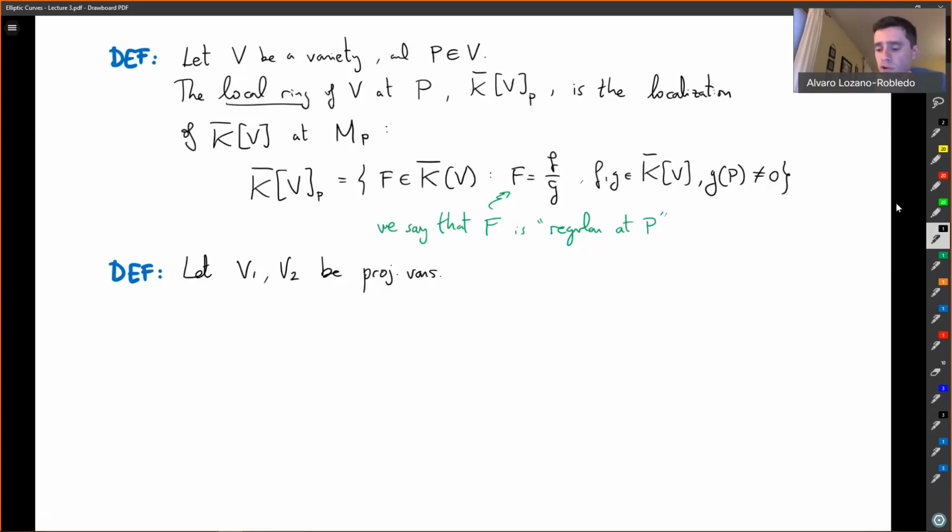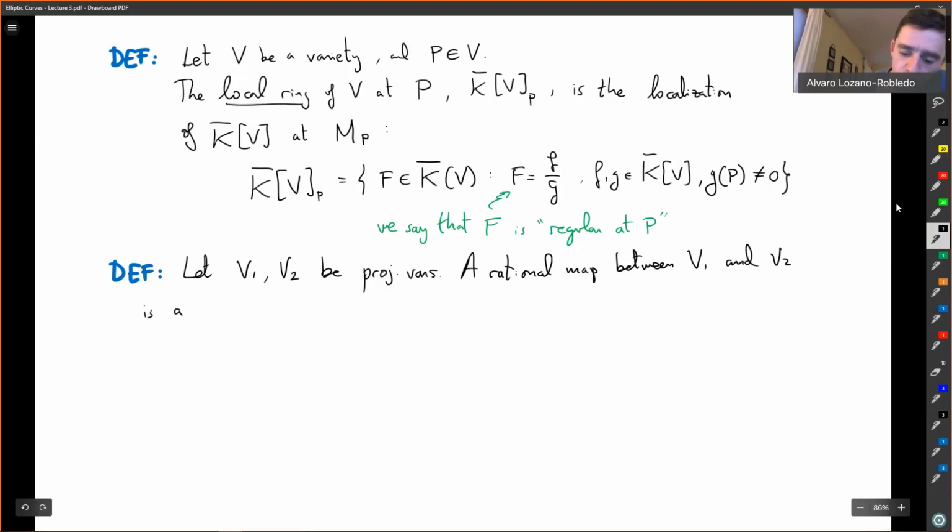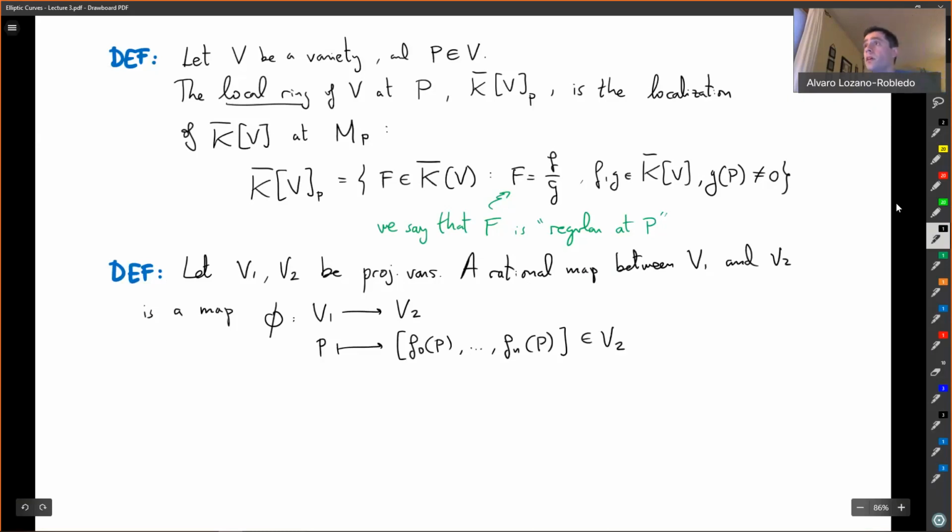A rational map between V1 and V2 is a map of the form phi from V1 to V2 that sends a point P to the point [f0(P) : ... : fn(P)] in V2, where these f0 through fn are in the function field of V1.